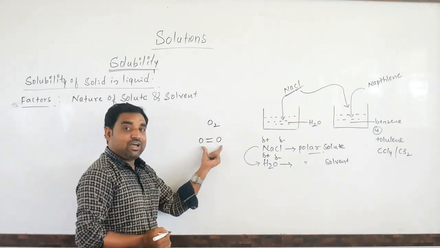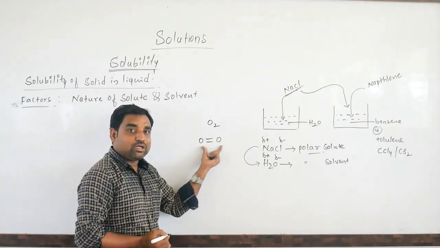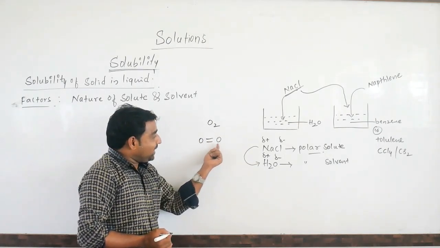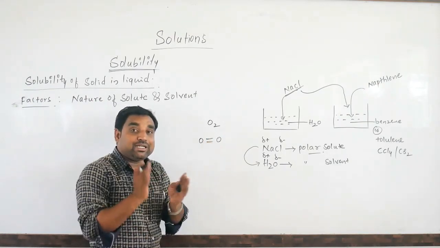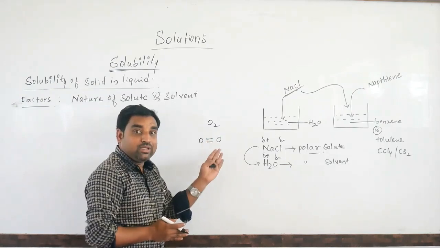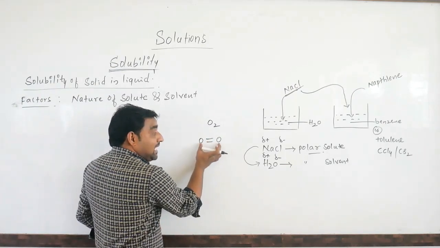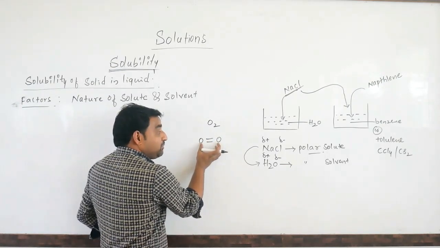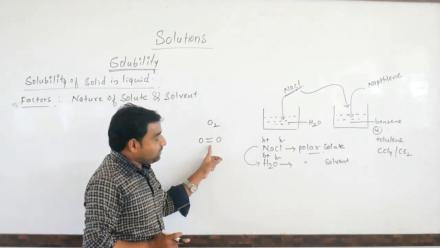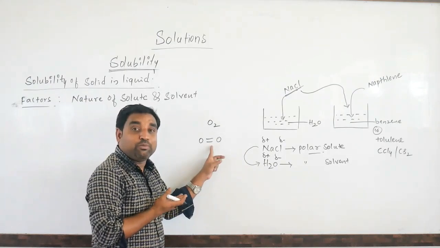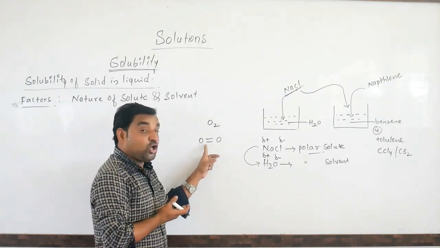These two oxygens have the same electronegativity, so the shared pair of electrons is situated at the center of the two nuclei. Hence there is no charge separation in these two atoms. There is no charge separation, which means there is no pole. Hence we call this non-polar.